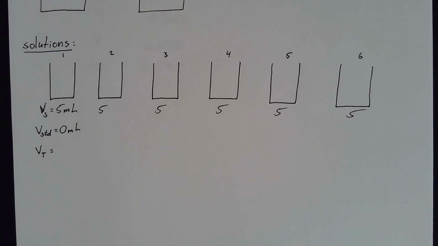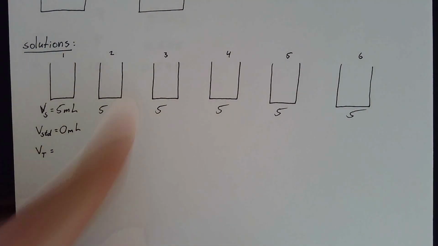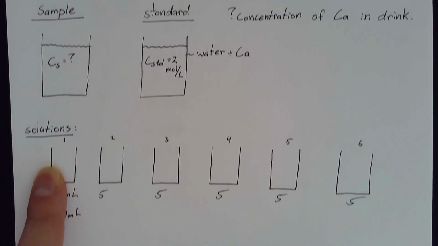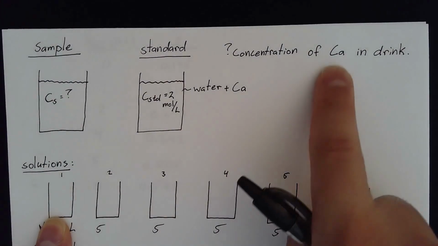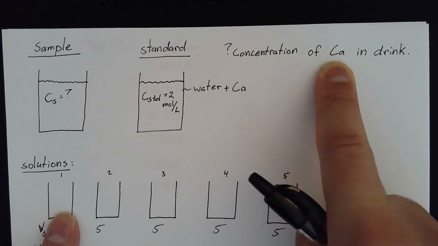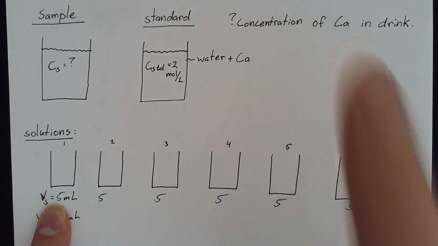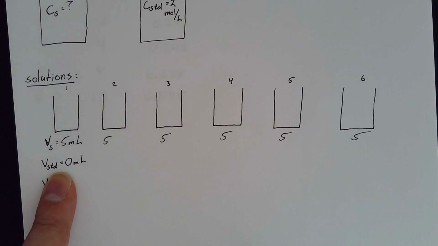Normally when we're making solutions, we don't think about things in terms of no volume in one of them, but when you're doing this method, you have to make sure that there's no standard solution in at least one of your measured solutions. There's still going to be the solute in there. The solute for us here is calcium. That's still going to be in there, and it's in there because you've added some of the sample. So that one's going to be 0.